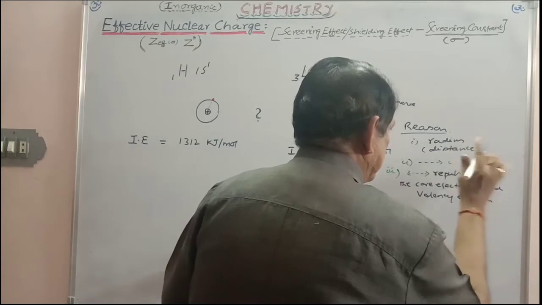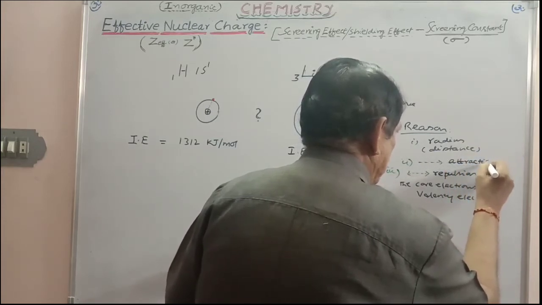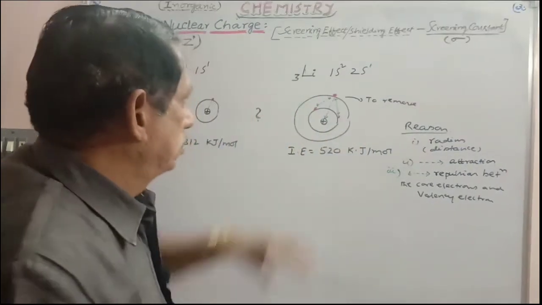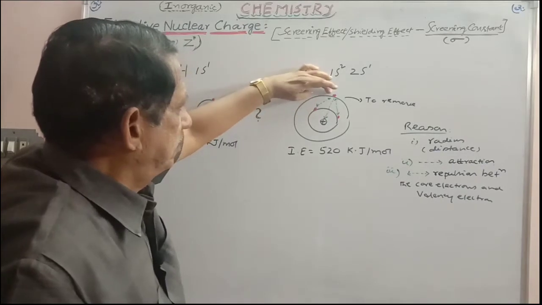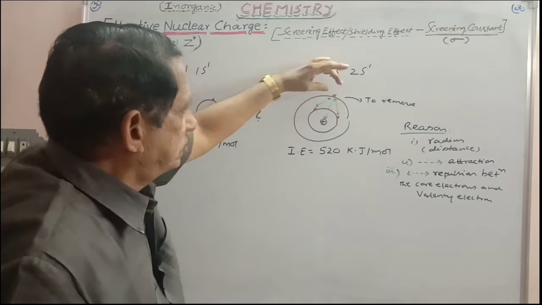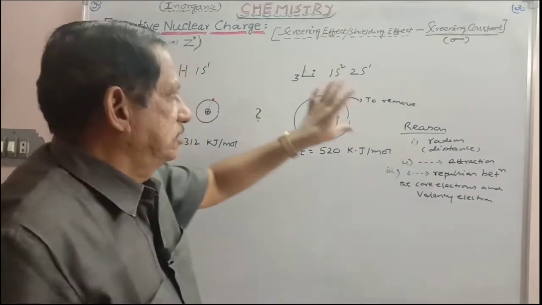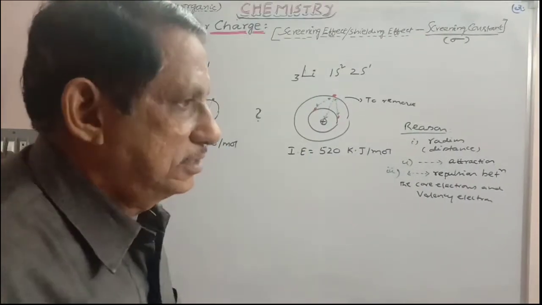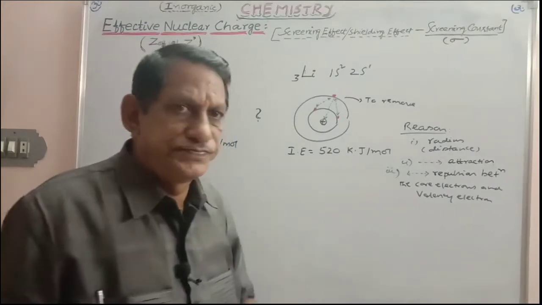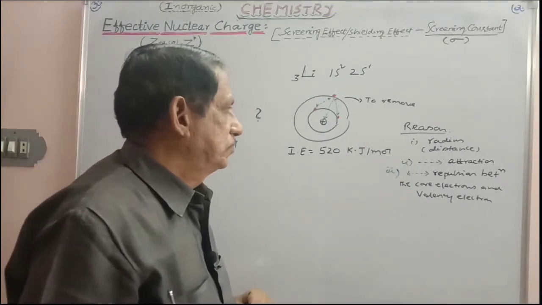Here this is attraction. So this electron is repelled by this, and this electron is also repelled by this. These repulsions are there between the inner electrons and the valence electron. This is the repulsion existing between the core electrons and valence electron, as a result of which the electron will be going away from it. It causes some more increase in the distance.